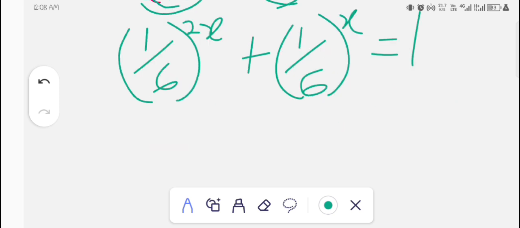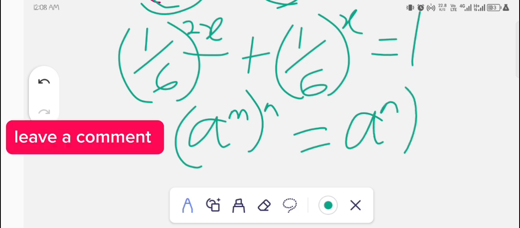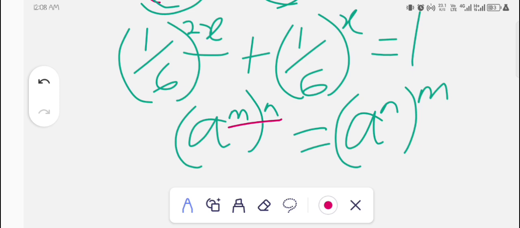We can now decide to switch the positions of this power of 2x, right? Very good. Remember, in indices, if we have a raised to the power of m all power n, this is same as writing a raised to the power of n all power m. All we have done here is simply switching the positions of the indices, right?